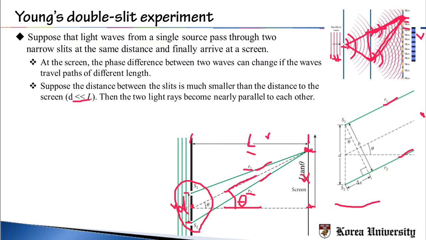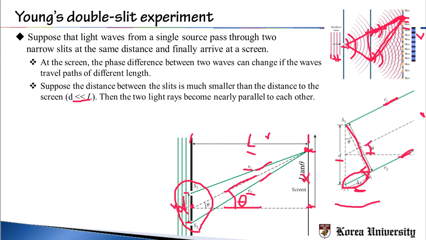Therefore, the difference between the lengths of these two lines will be simply this much, if you draw a line perpendicular to both lines. What we need to find out is this delta x. Again, this was D, the distance between the two slits, and we defined the angle theta to be here.